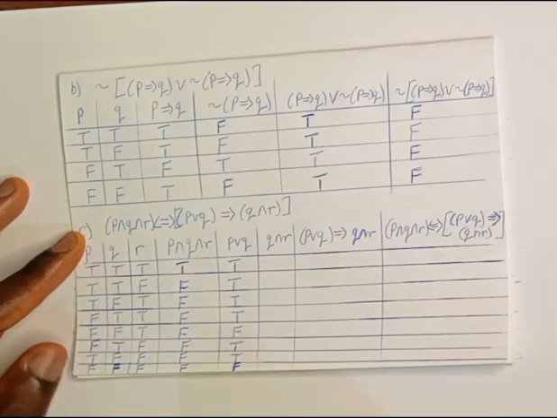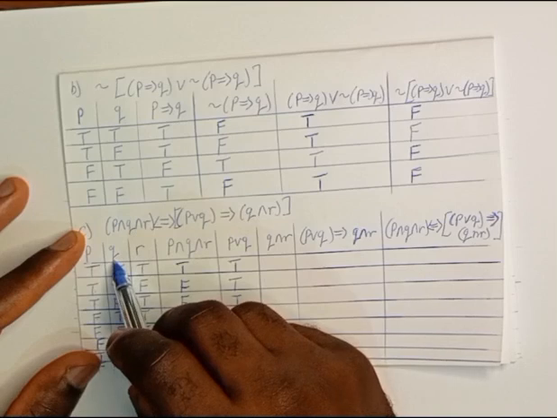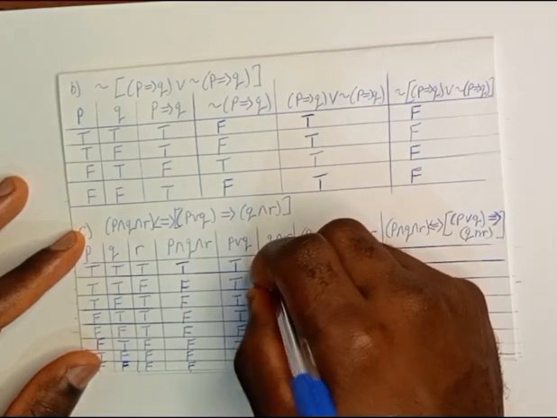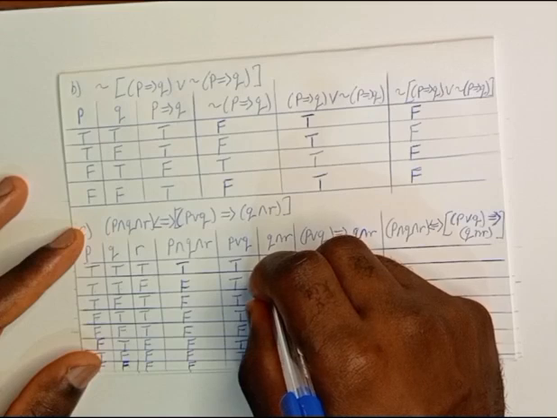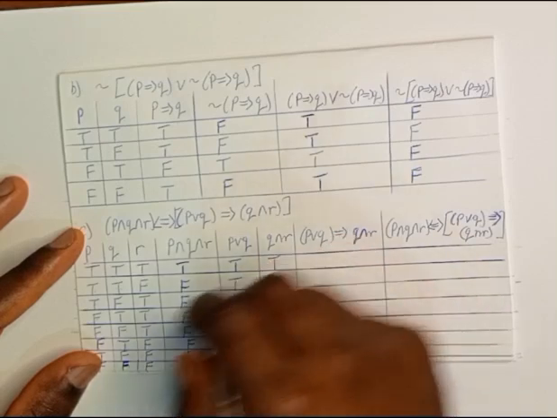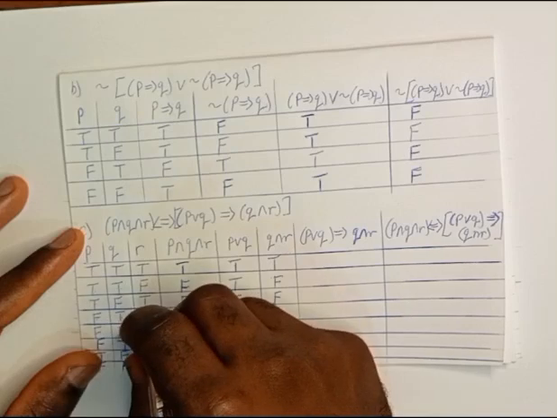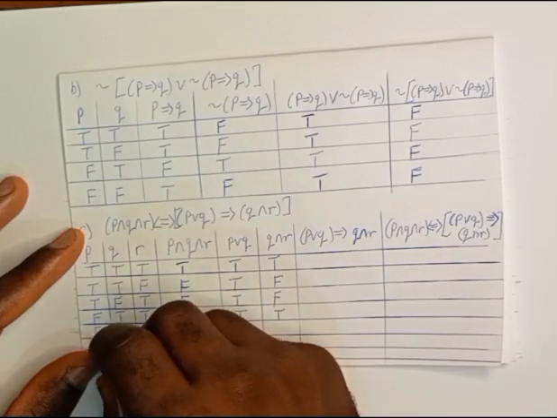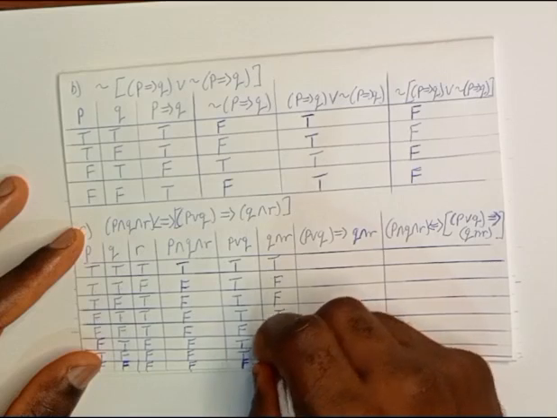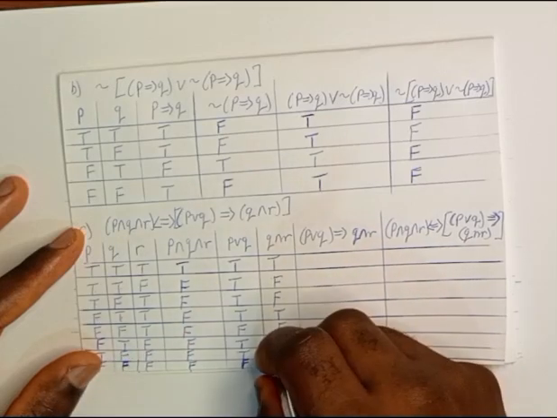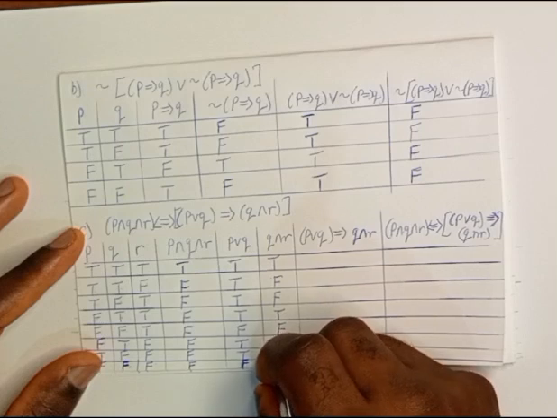We move now to the next, Q and R. True and true gives true. True and false gives us false. False and true gives false. True and true gives true. False and true gives false. True and false gives false. False and false gives false. False and false gives false.